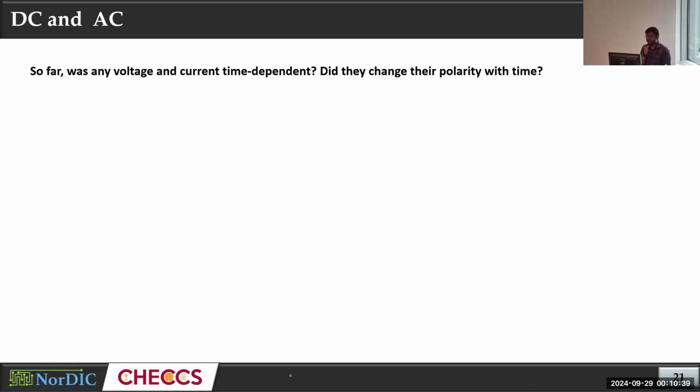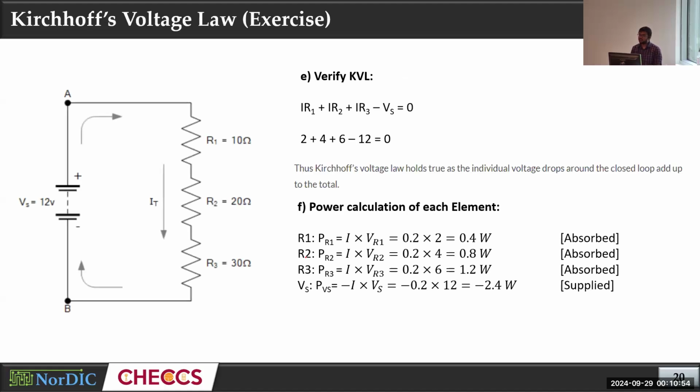So far, were the voltages and currents that you have used in different circuits constant or changing over time? That was constant, right? When we used 12 volt, there was always 12 volt. That didn't change over time. You know a switch, right?